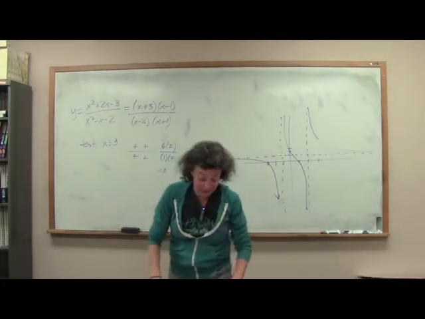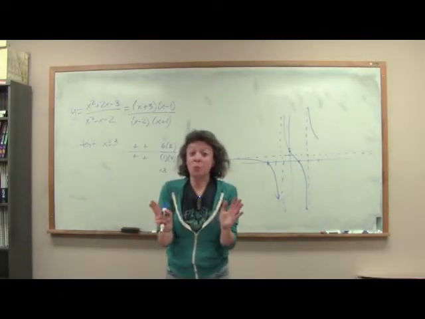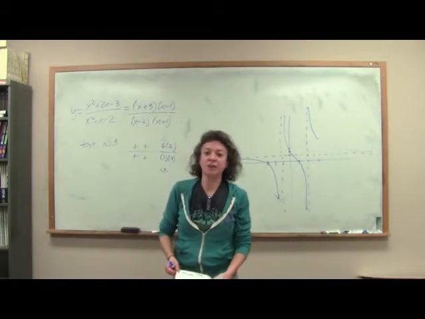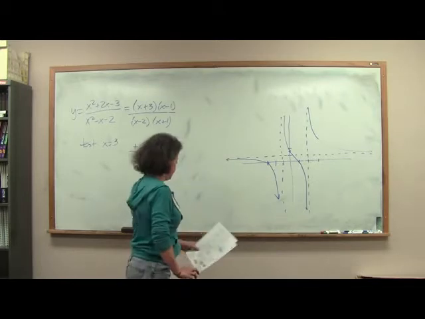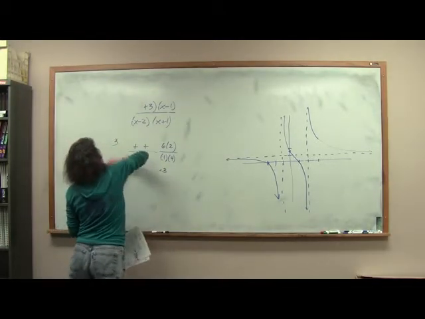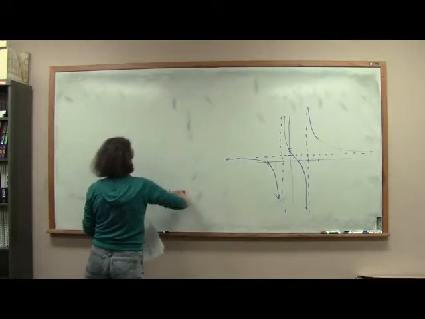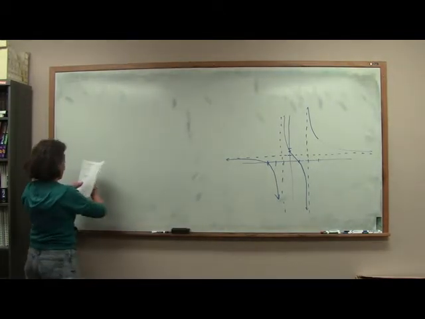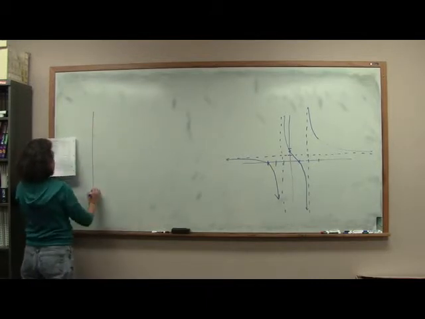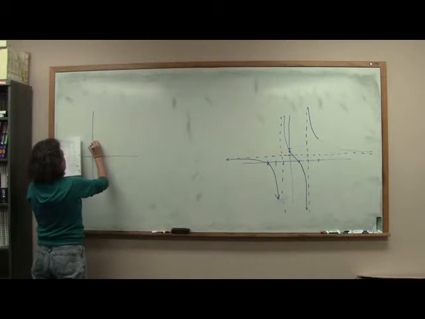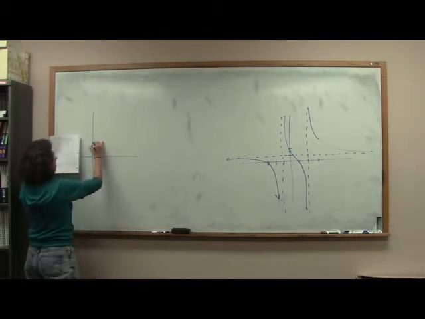Cool. Okay, 2 more. What we're going to do now is start out with a couple graphs and we're going to find possible formulas. Okay, so here is our graph. It is going to go through the point (0, 3).